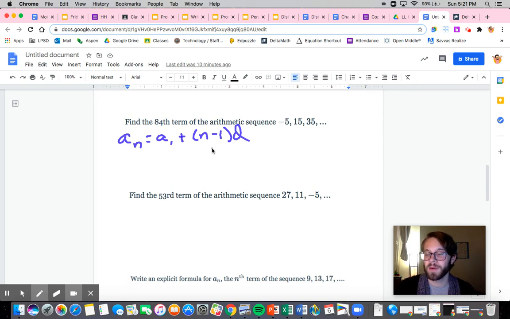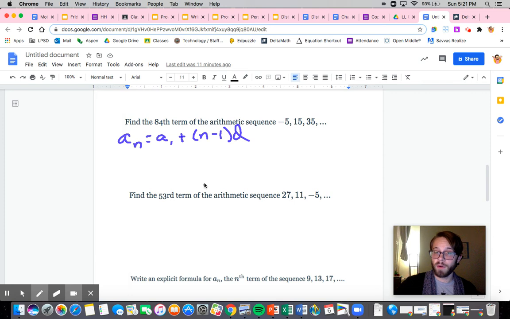When we were trying to find the 4th term, we ended up multiplying the difference by 3. When we were trying to find the 5th term, I multiplied the difference by 4. So that's where the n minus 1 is coming from. The nice thing to remember is the n's in general have to be 1, 2, 3, 4, 5. They're the counting numbers, right? Because you're dealing with the first term, second term, third term, 4th term, 5th term. It's the number of terms.